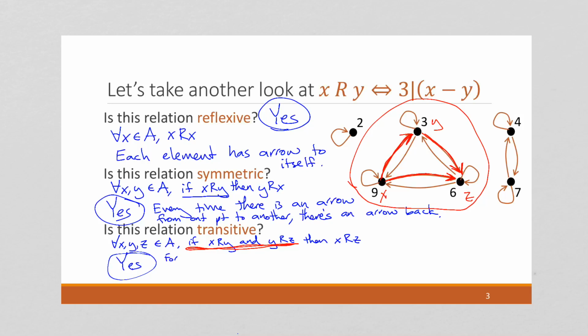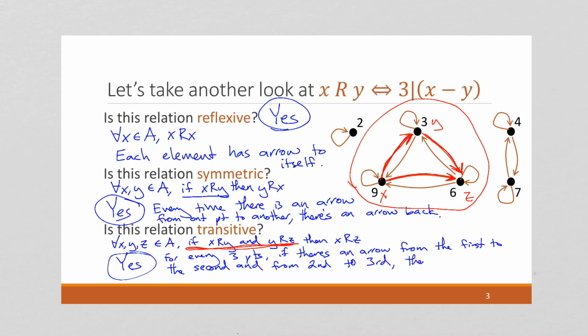And the justification is for every 3 points, if there's an arrow from the first to the second, and from second to third, there is also an arrow from the first to the third.